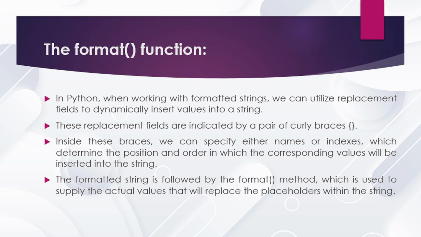The formatted string is followed by the format method, which is used to supply the actual values that will replace the placeholders within the string. This method takes the values in the order they should appear and matches them with the corresponding replacement fields.